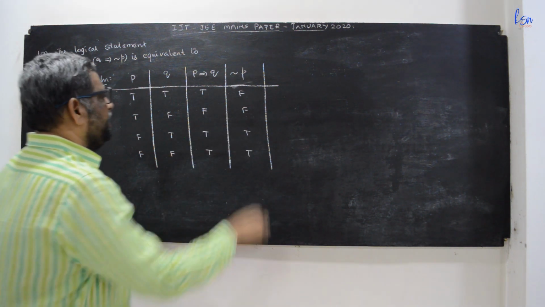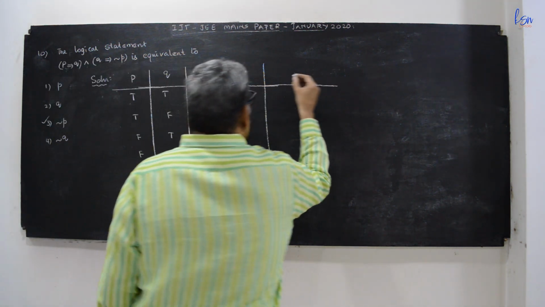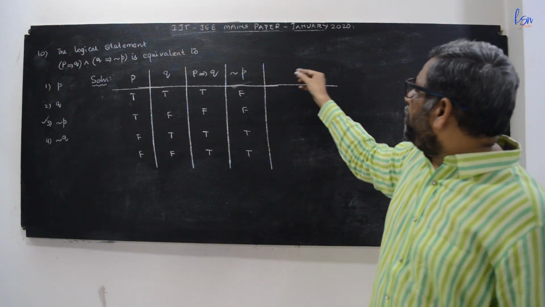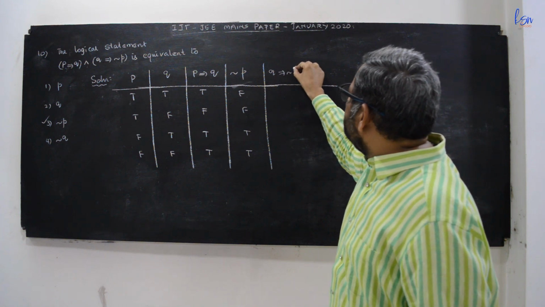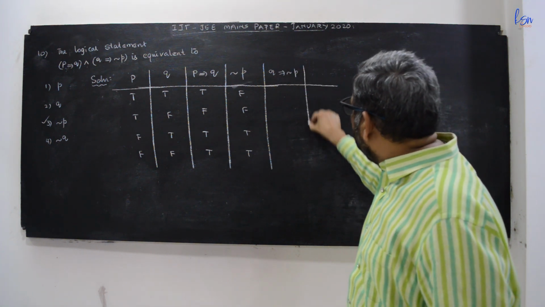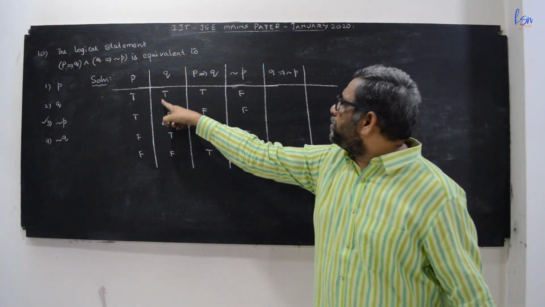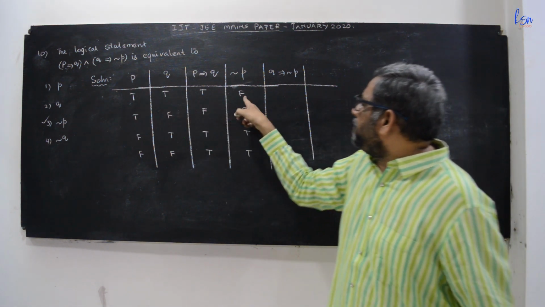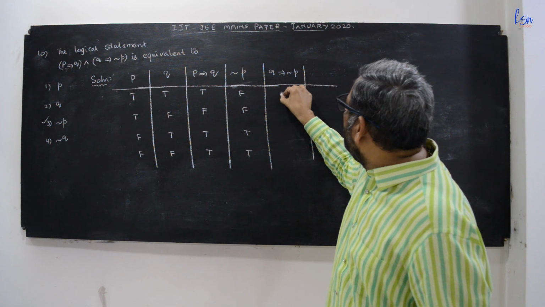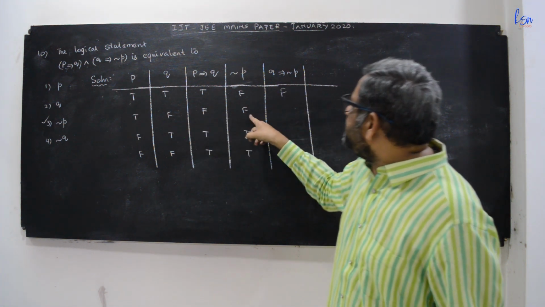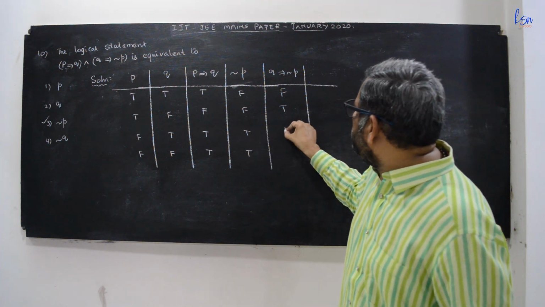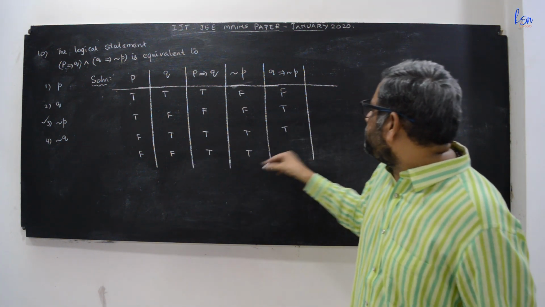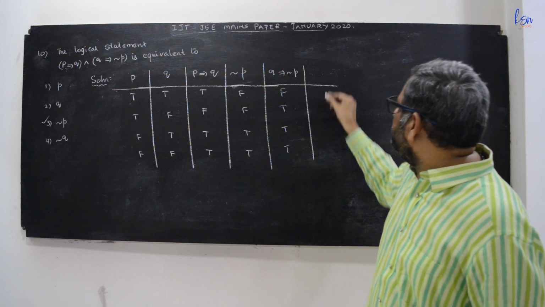Next, we'll take Q implies negation P. So here, Q implies negation P. We will write this one. Q implies negation P. True, false. True never implies false. So this is false. False implies false, true. True implies true, true. False implies true, true. So this is true.